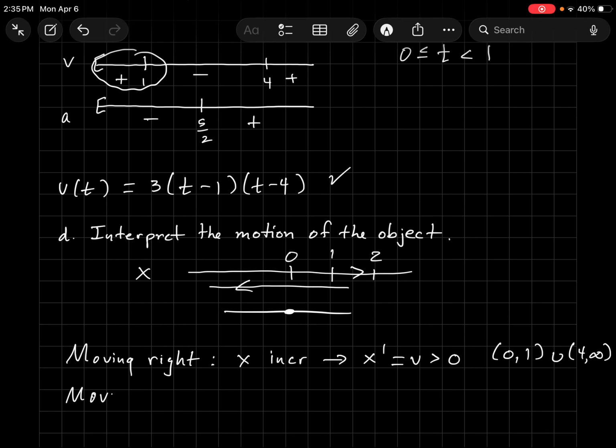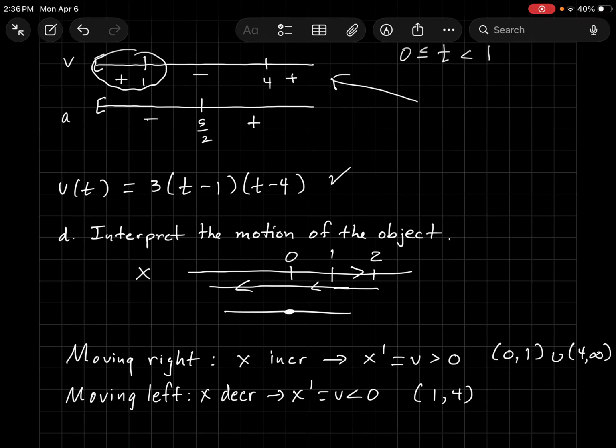When is an object moving left? Well, an object is moving left means that our x values are decreasing. But if something is decreasing, then its derivative, which in this case is velocity, is negative. And if I look back up at my sign chart for velocity, I see this occurs on the interval 1 to 4.